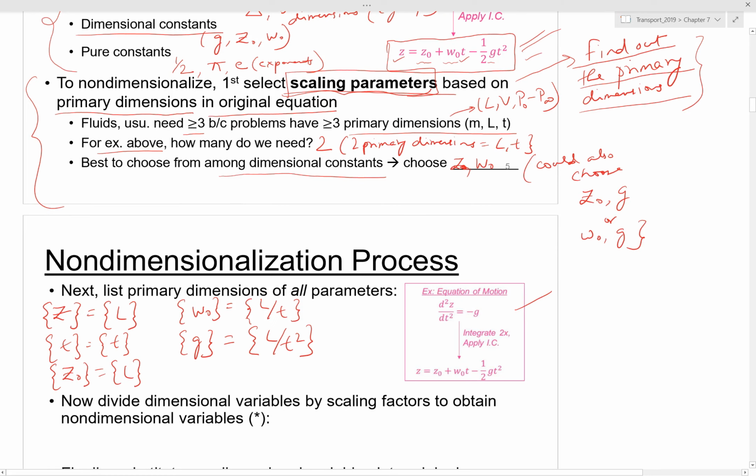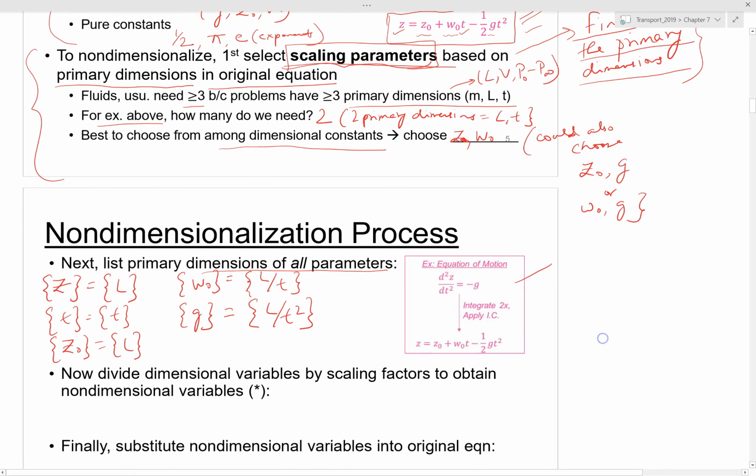Okay, so first we have listed out the primary dimensions of all the parameters.